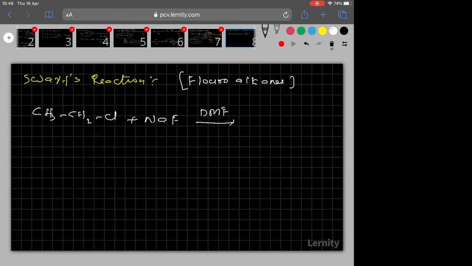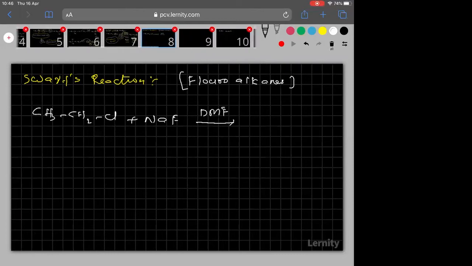Once again, I'm repeating, DMF is dimethyl formamide. It is also a non-polar solvent. So here also again halogen exchange. When you do the halogen exchange, CH3CH2F, fluoroethane, is formed and sodium chloride is formed.